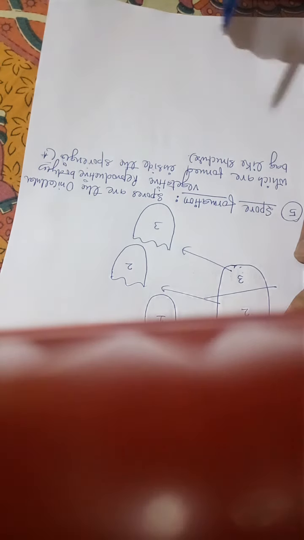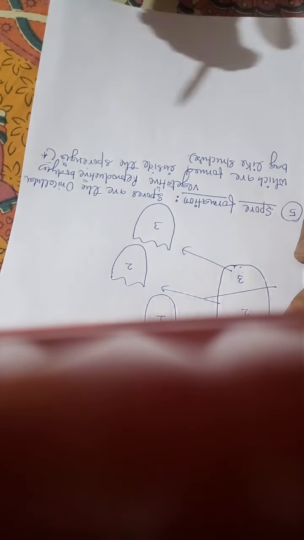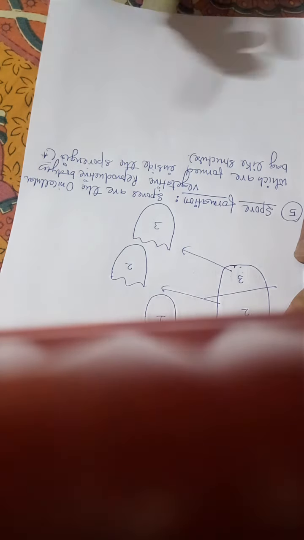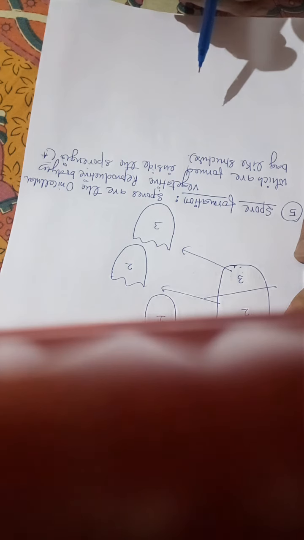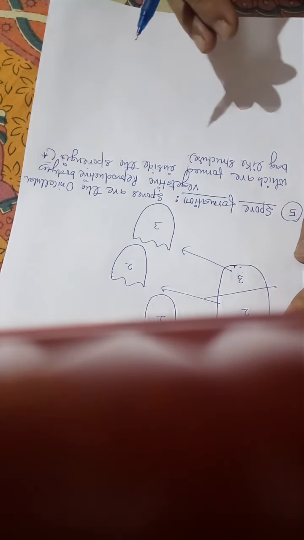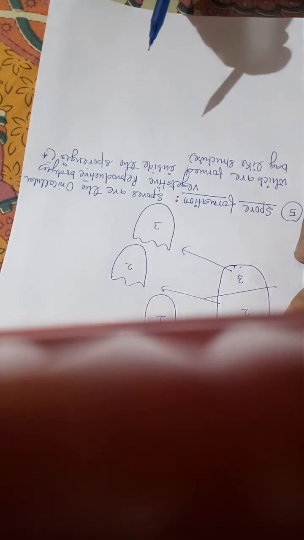These spores start germination when favorable conditions come and form new offspring. These spores are formed by some bacteria and fungi and some plants also.